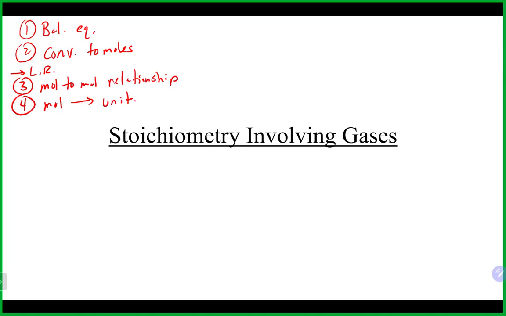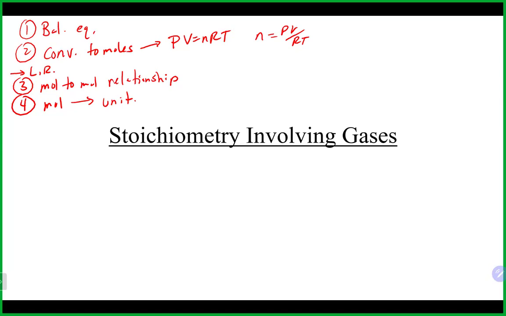The main difference when you're doing stoichiometry involving gases is that somewhere along the way, you're going to use a gas law, and it could be in 2 spots usually. You may use the ideal gas law up front, so PV equals nRT, and if you're using it up front, you most likely will be solving for n to get your moles.